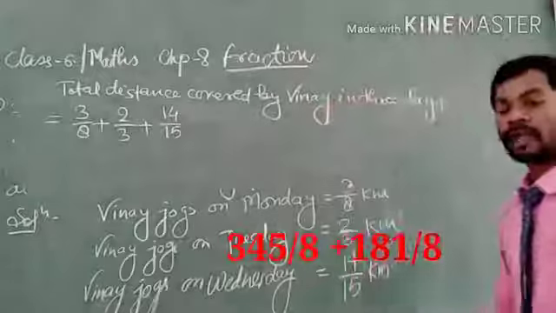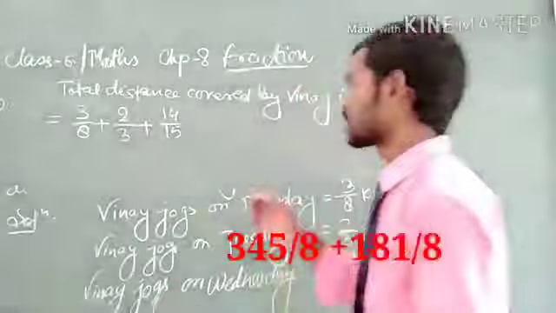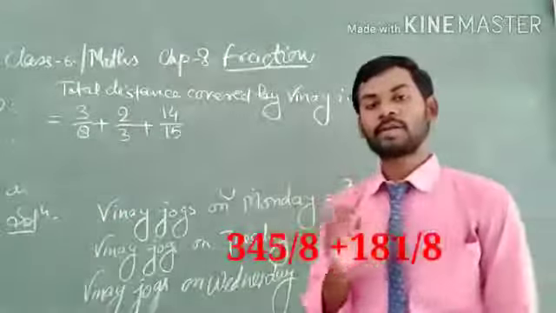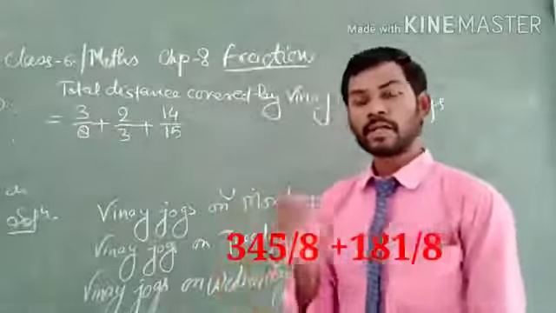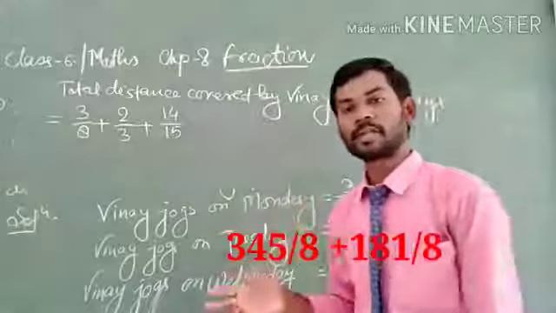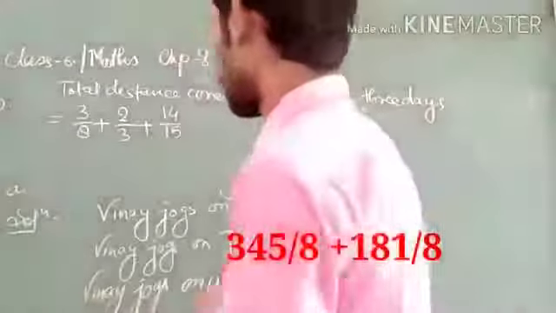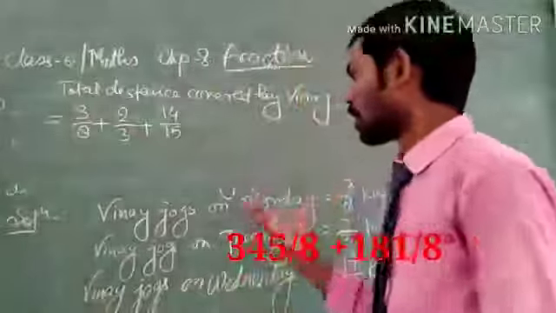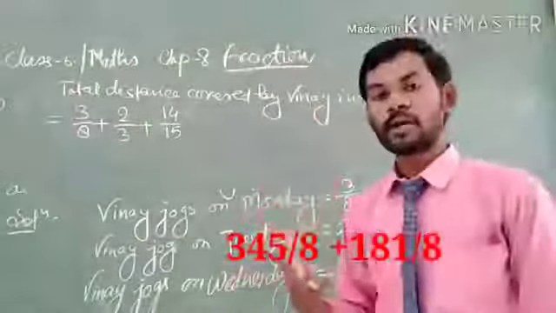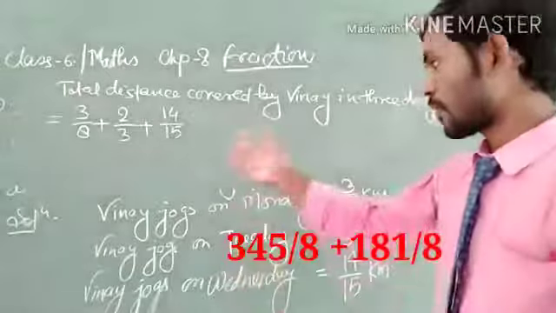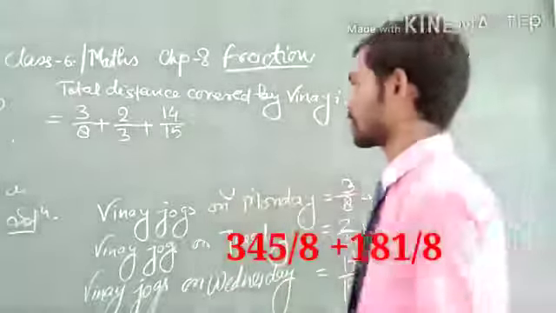Here we have 3 fractions to add, and just see the denominators. You will find that all the denominators are different. That means they are unlike fractions, and whenever we add or subtract unlike fractions, we first find the LCM of the denominators. So here we first find the LCM of these denominators.